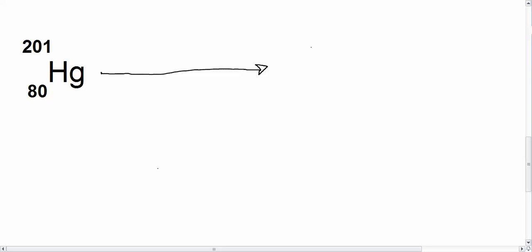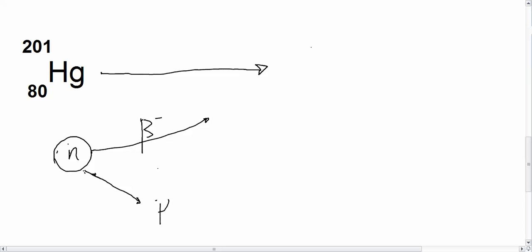So if I pretend that one of the neutrons living inside the nucleus of mercury is going to eject a beta particle, I know that that neutron will then turn into a proton, which means that unlike with alpha particle radiation, the atomic number actually goes up.